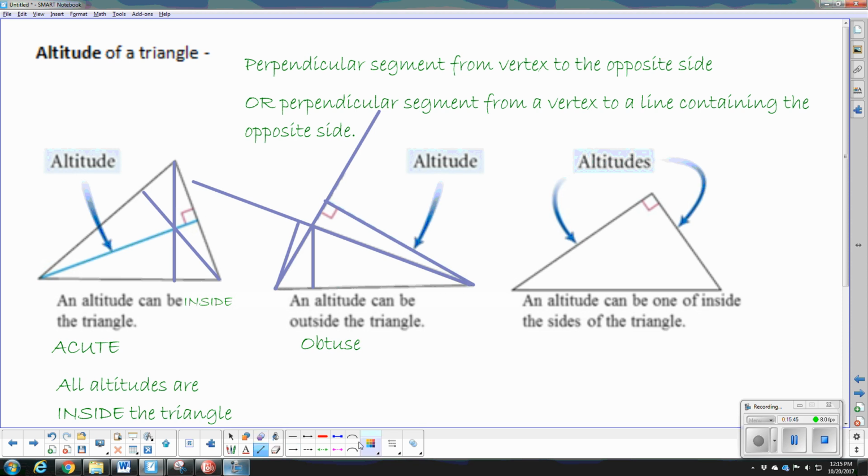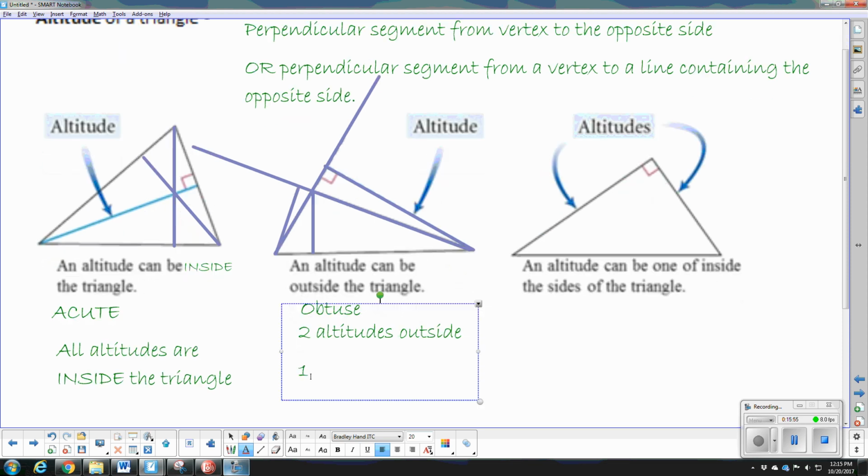So with the obtuse triangle, we have two altitudes outside and one altitude inside.